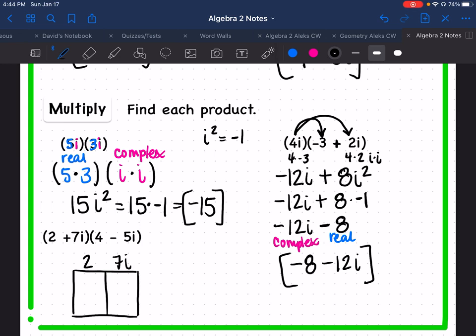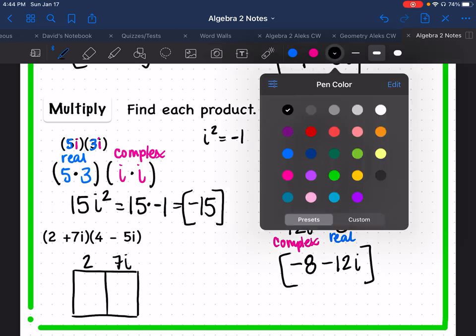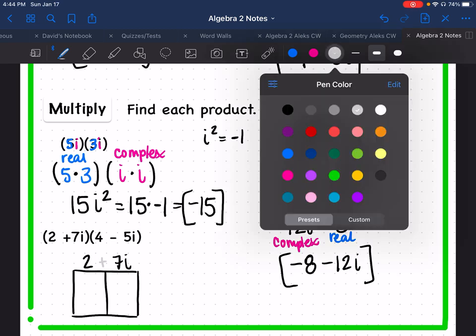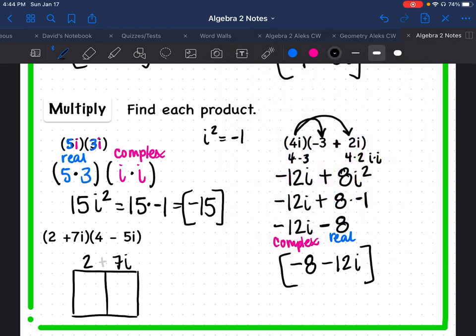And notice I didn't put the plus, but I very well could. I'm going to come back and make it nice and faint for you. And then you want to make 2 along the other side for the 4. And this time I want to make sure I know it's -5i, because it does say -5i, so I want to make it negative.